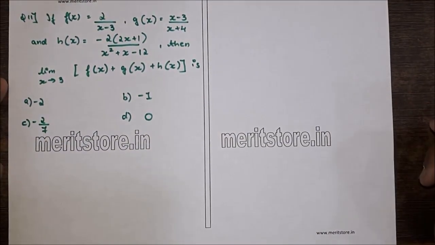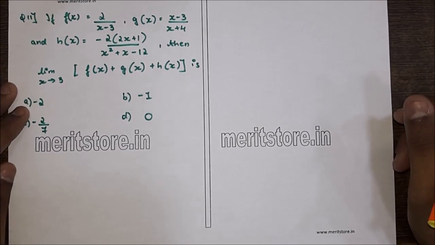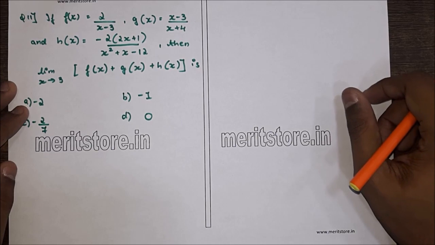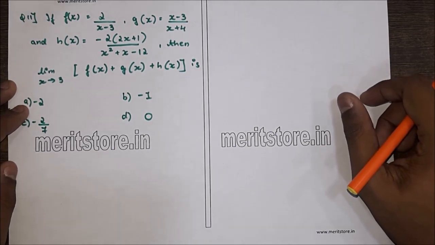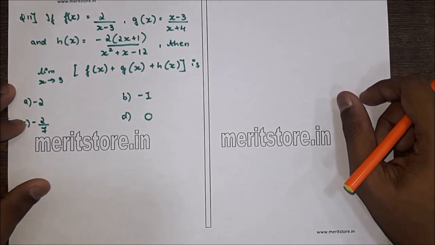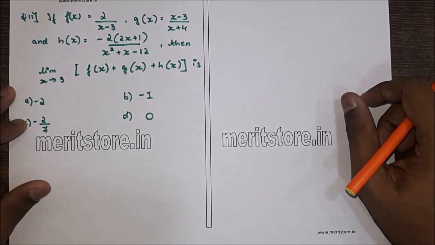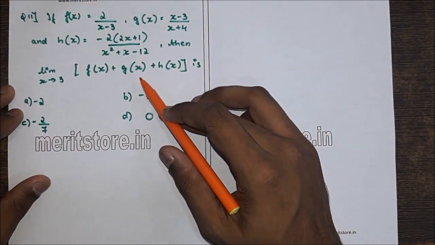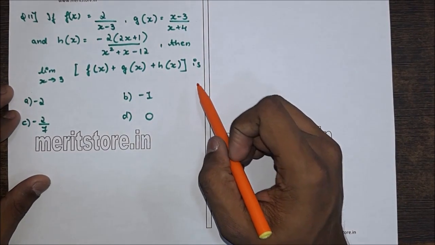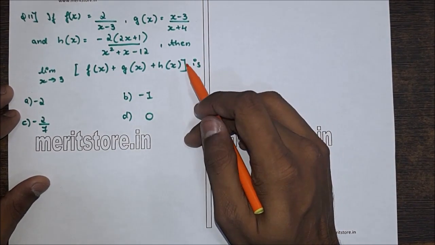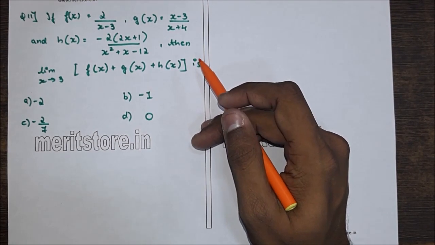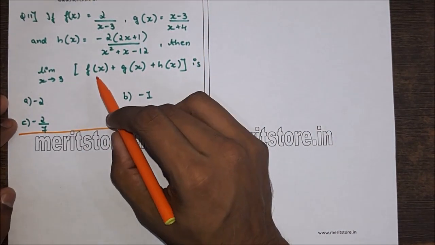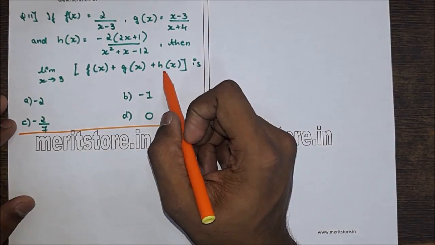If f of x is equal to 2 by x minus 3, g of x is equal to x minus 3 by x plus 4, and h of x is equal to minus 2 into 2x plus 1 upon x square plus x minus 12, then limit of x tends to 3, f of x plus g of x plus h of x is: A) minus 2, B) minus 1, C) minus 2 by 7, or D) 0. We know we have to solve for f of x plus g of x plus h of x.